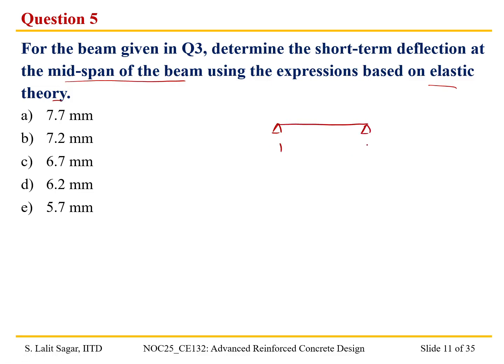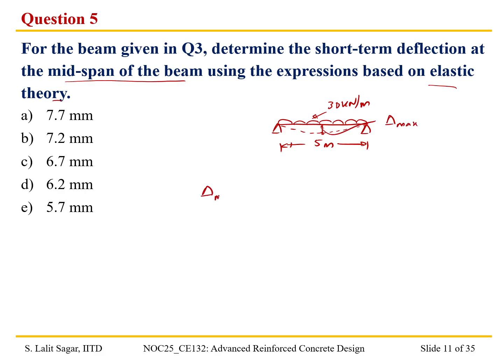This has a span of 5 meters, and it is subjected to a UDL of 30 kilonewton per meter. What will be the deflection at this midspan? We can call it delta max.